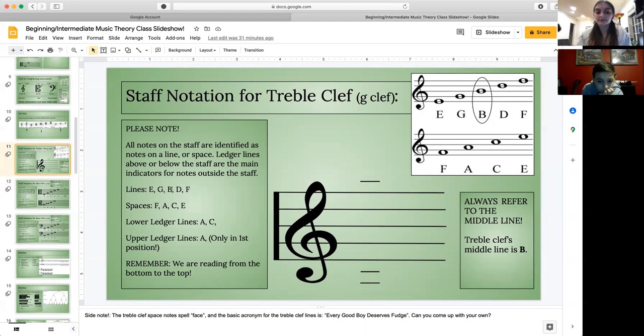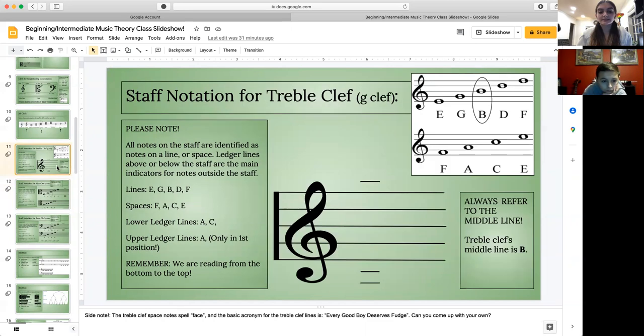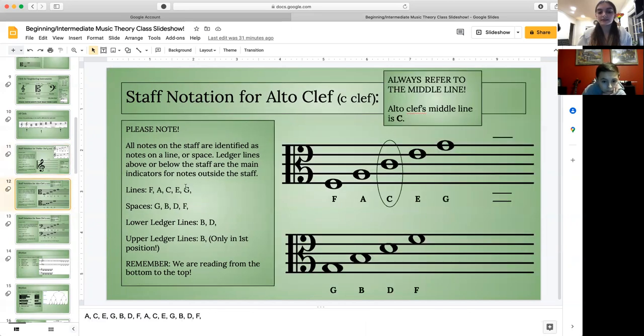Here's a third, third, third, because we're skipping a line to go to a space, and skipping a space to go to a line up here. On a different clef it's a little different. Like how you have your spaces in treble spelling FACE, you'll have that at the beginning for the lines in alto clef, and then you add a G at the end.